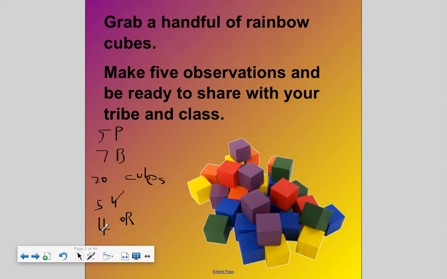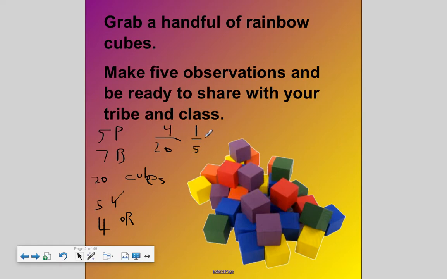There are 4 orange to 20 cubes. Part to whole. I can simplify that by dividing both numbers by 4, and I get 1/5.